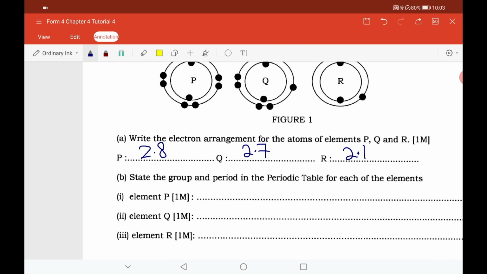This is quite simple. For element P, the group depends on the valence electron. Element P has 8 valence electrons, so it's group 18. It has 2 shells, so it's period number 2. So group 18 and period number 2.